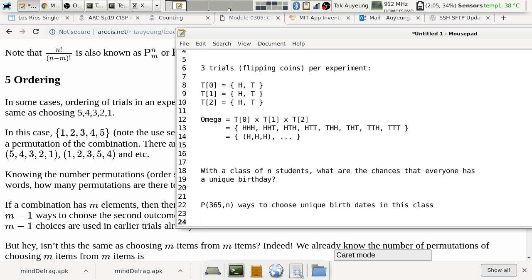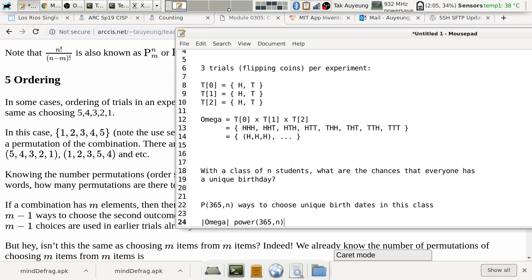Yes, exactly. So in this particular case, the cardinality of omega is 365 to the power of n, because the first person has 365 days to choose from. Guess what? The second person also has 365 days to choose from, because we are looking at all the possible ways for a class of 50 people to have their birthdays arranged with no restrictions.